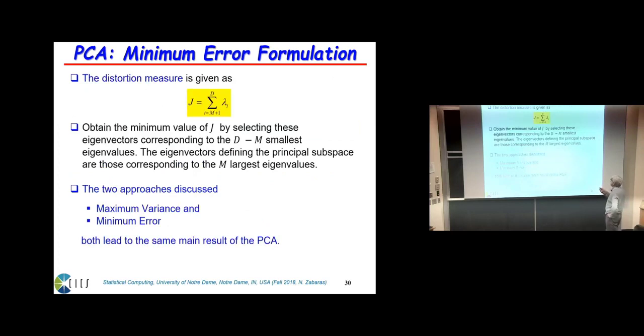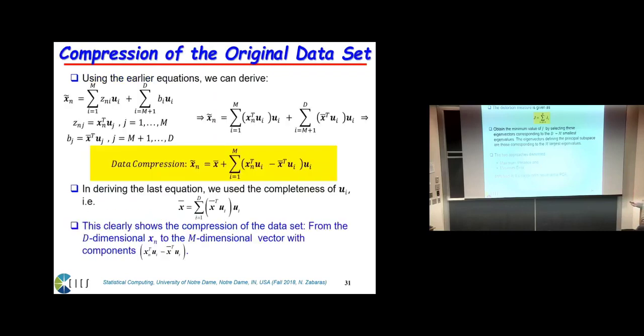So the distortion measure is basically what you see here: the summation of the eigenvalues from M plus 1 to D. So one way or another, the 2 interpretations give the same results. They're fundamentally completely different ways of thinking or deriving them, so they seem to have different physical meaning, but they're identical. They were reported separately in the literature, so you need to think of both of them.